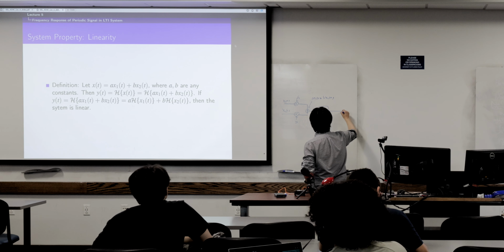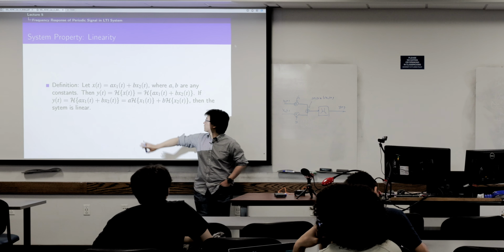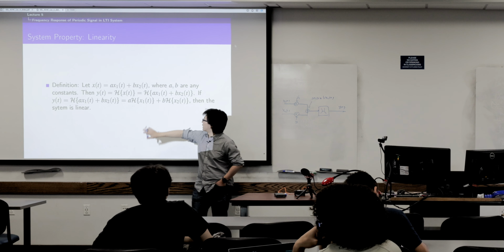So this is what the left-hand side means. On the right-hand side, let's see what that means. We have a signal x1(t), and we pass that through the system h first, and then we multiply this by a. Then we have x2(t) passing through the system again, and we multiply this one by b.